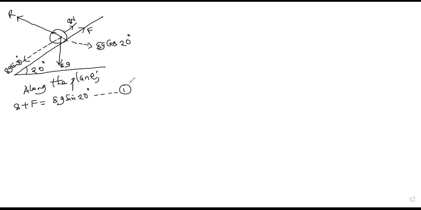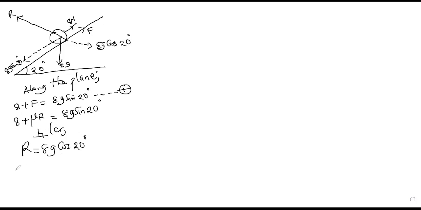Of course, before I call it equation 1, this is 8 plus μR equals 8g sine 20 degrees. But perpendicular to the plane, you can see that R is 8g cosine 20.